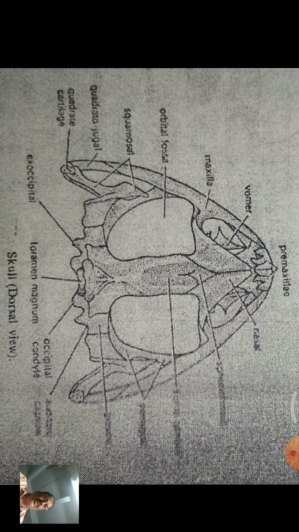These are the few important parts of the skull bone in dorsal view.